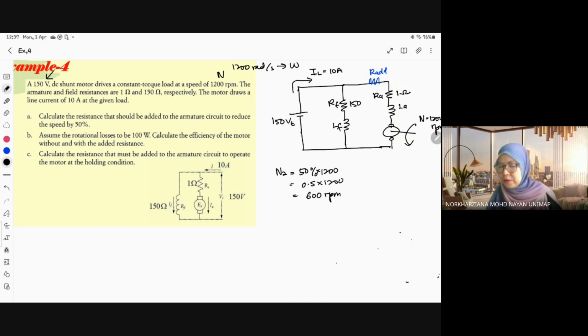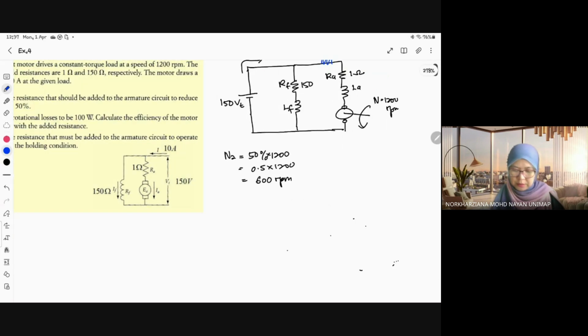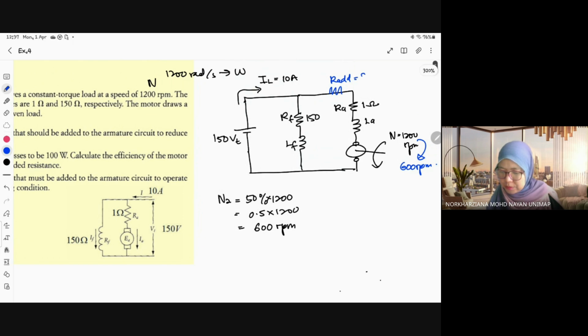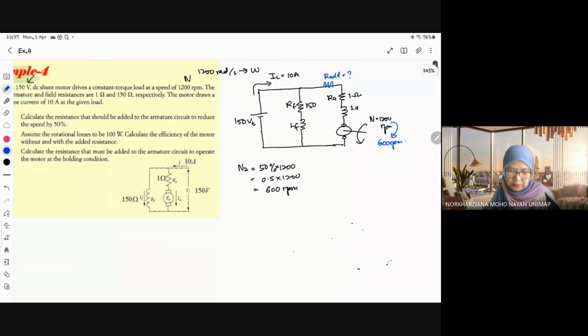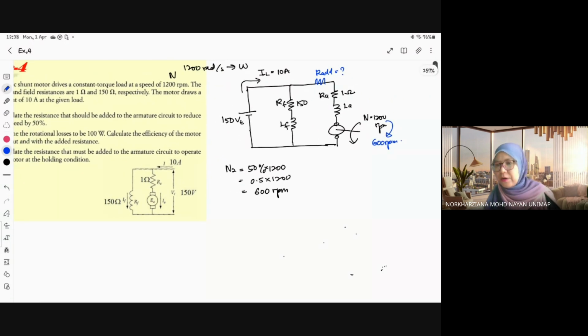By reducing this speed to 600 RPM, what is your R? Calculate the resistance that should be added to the armature circuit to reduce the speed by 50%. That is the question. Where should we start? We already have the circuit.